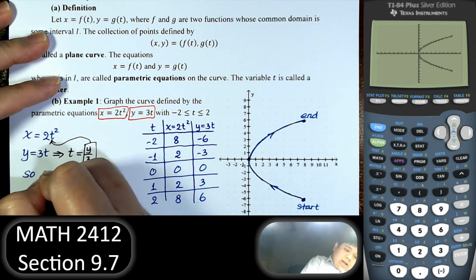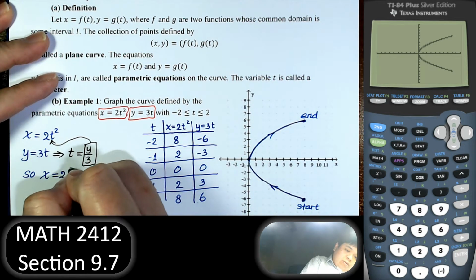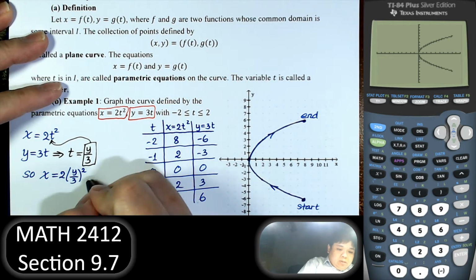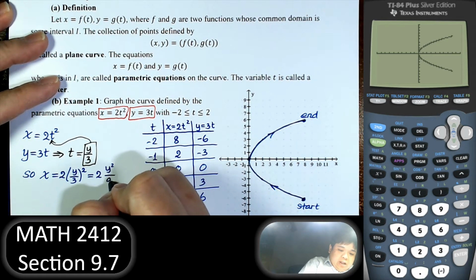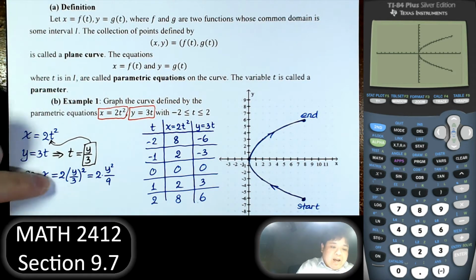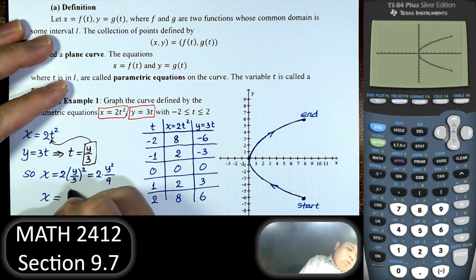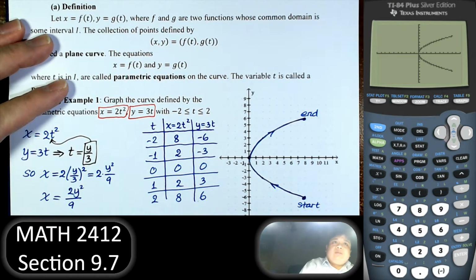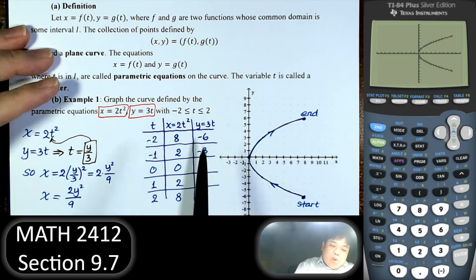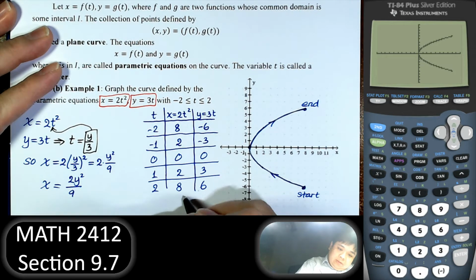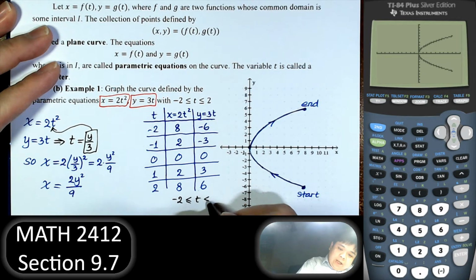So we have x equal to 2 times (y over 3) squared. That gives us y squared over 3 squared, which is 9, so x is equal to 2y squared over 9. Right? Not quite. I mean, it's right, yes, but it's not done. Notice that t is between -2 and 2.